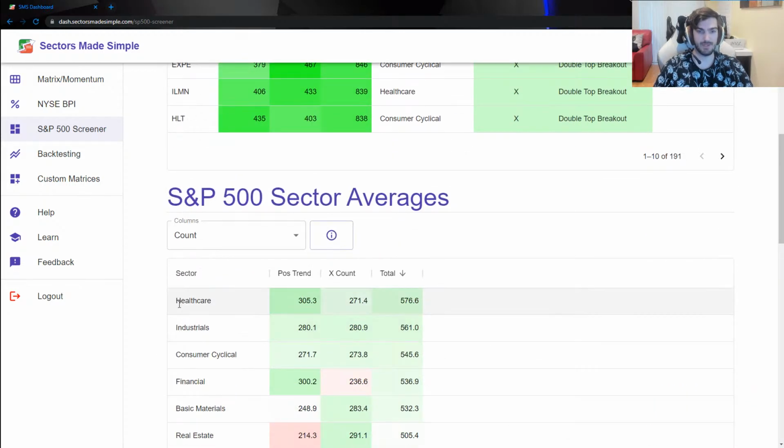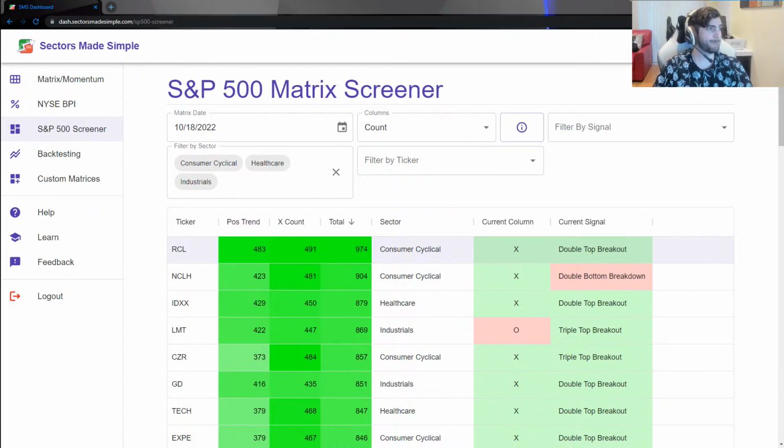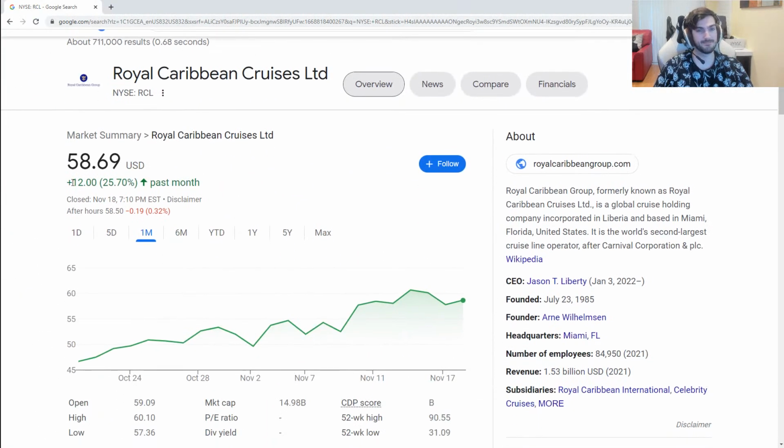Those were the 3: healthcare, industrials, cyclical. RCL. That would have been his choice. How has RCL done over the last month? I hope really well, otherwise this is going to be really awkward. It did all right. Just all right.